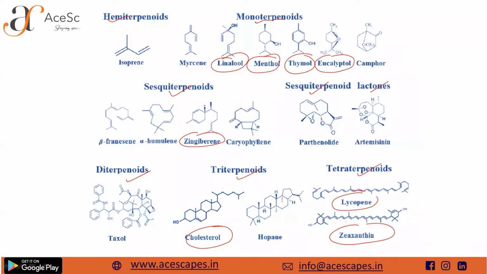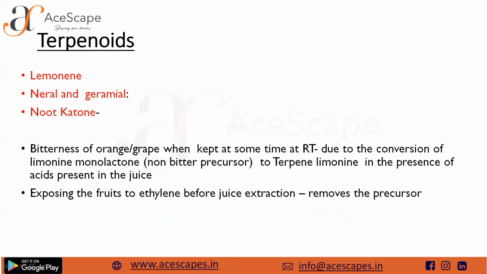These are some of the important terpenoids. You just have to remember these names: linalool, menthol, thymol, eucalyptol, gingerol, cholesterol, and zeaxanthin. That's it.